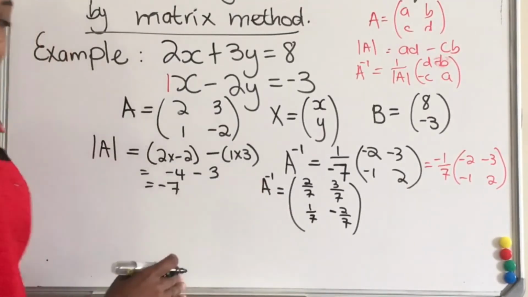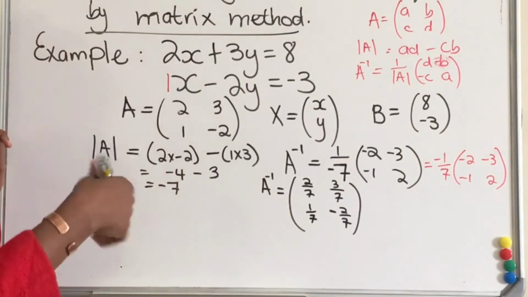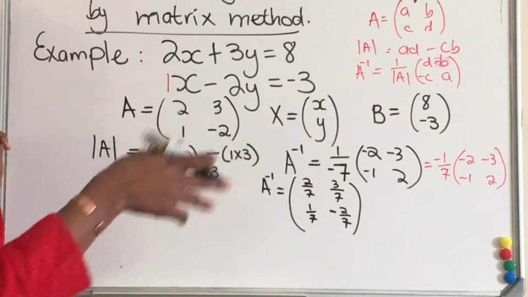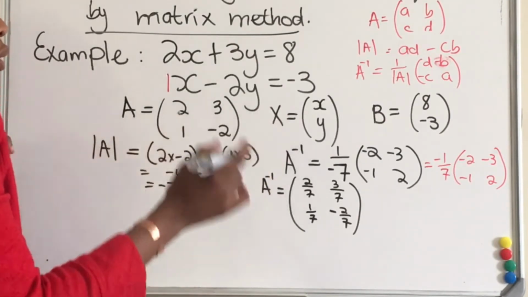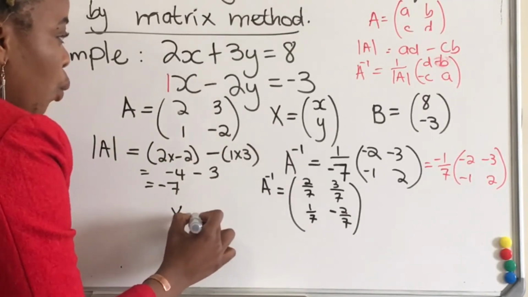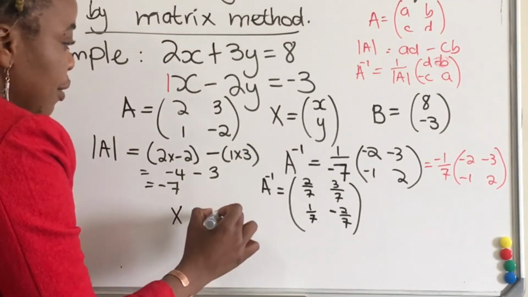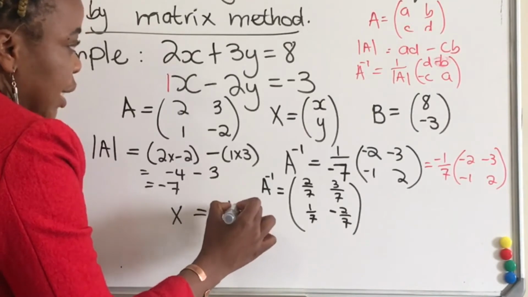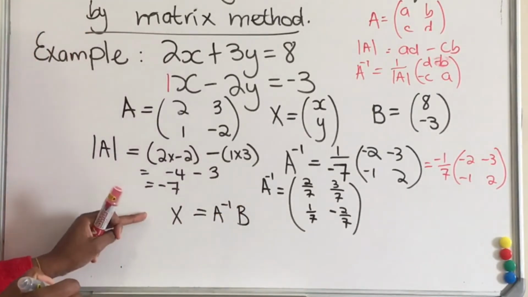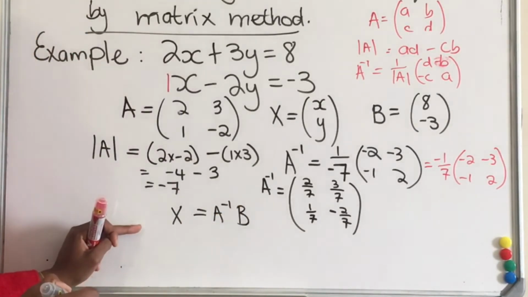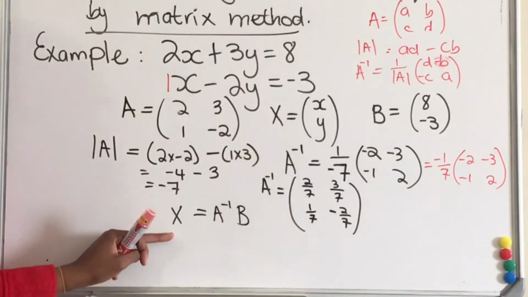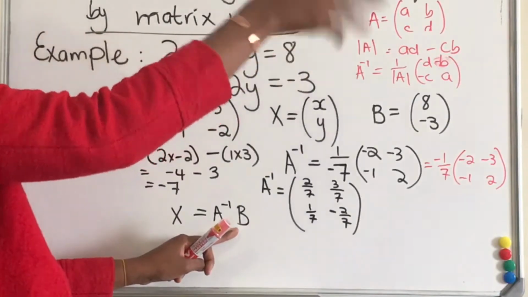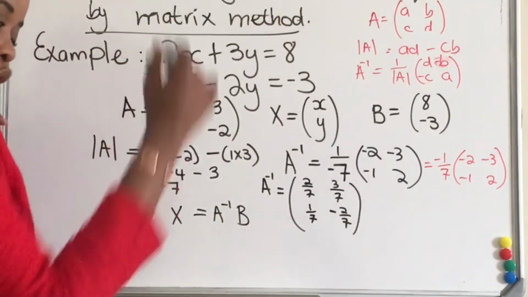Now we got our inverse, so we are going to use our inverse to get our variables. But how do we use our inverse? We are going to say x will be equal to the inverse of A times b. That's the formula we are going to use. Remember, x is still a matrix that represents the variables, and b is what we had on the other side of the equal sign for each of those equations.